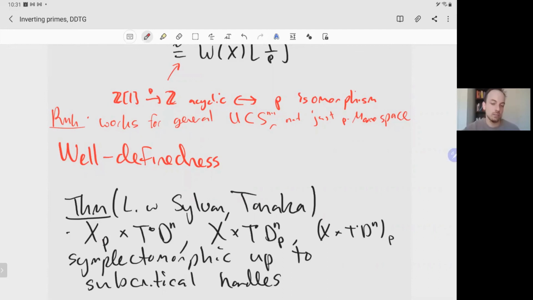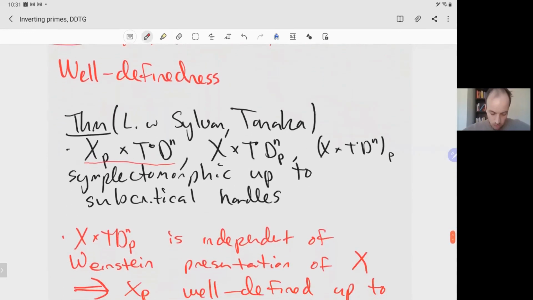All three of these spaces are symplectomorphic up to subcritical handles. That's the claim. The space we are really interested in is this one, but I've introduced these other two spaces. I'll prove this theorem in a second.